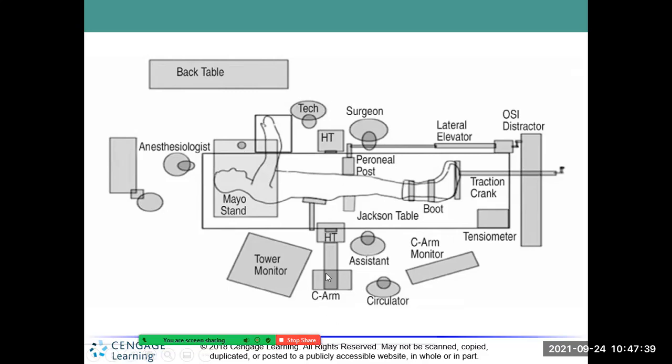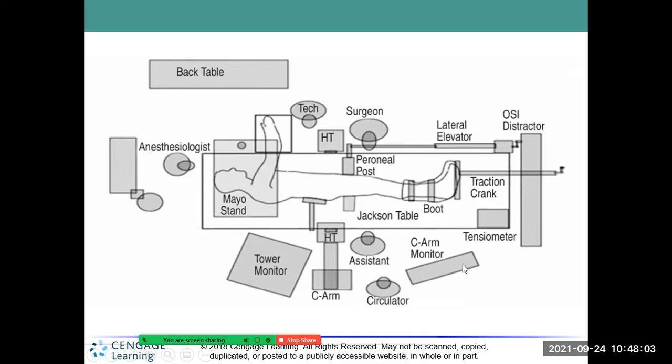The C-arm on the opposite side, extending all the way under the table, allows for the fluoroscopy to occur so that the surgeon is always able to view what is going on through the x-ray. C-arm monitor would be here for the quick view from the surgeon, assistant across the table.